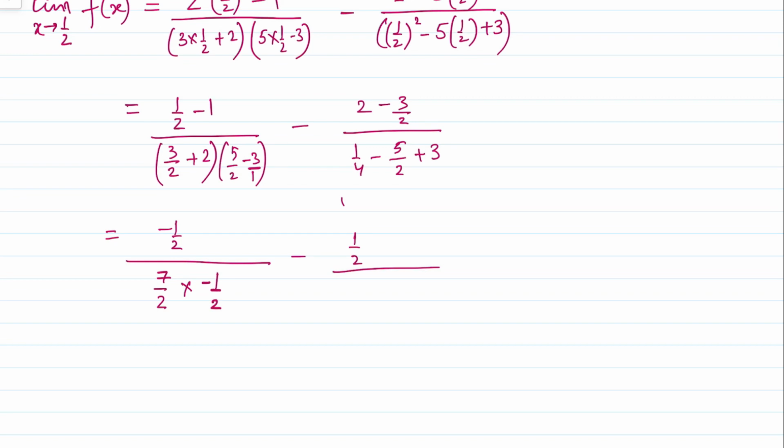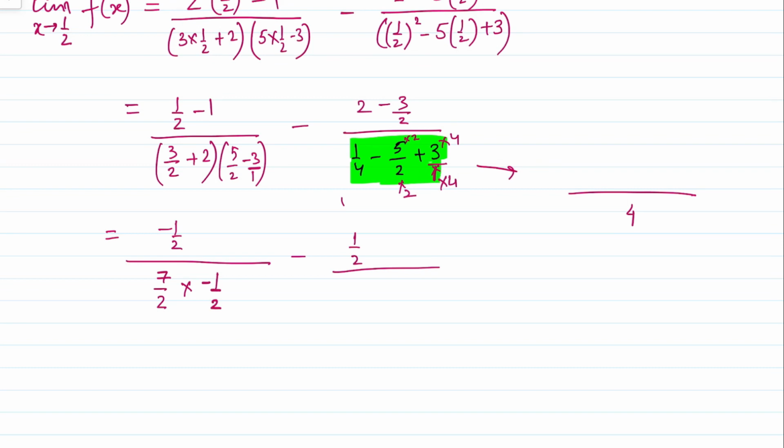Let's do this bit separately just to show you what I'm doing. I am taking 4 as the common denominator. Here you have to multiply by 2 to make it 4, and here, because it is 3 over 1, you have to multiply by 4 and by 2.